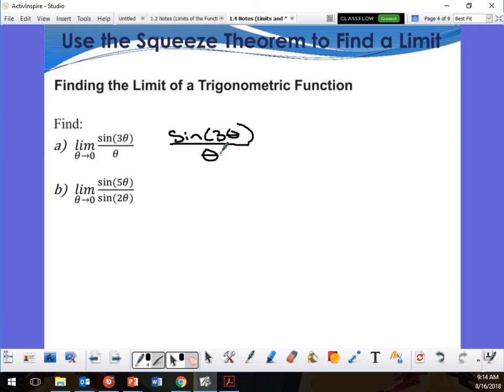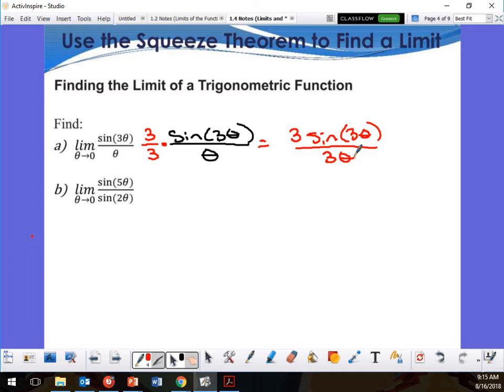Yes, why not? We can put a 3 down here. Then it would be 3 theta and 3 theta, right? So by putting it there, I multiply top and bottom by 3 over 3. That's going to give me 3 sine of 3 theta over 3 theta.